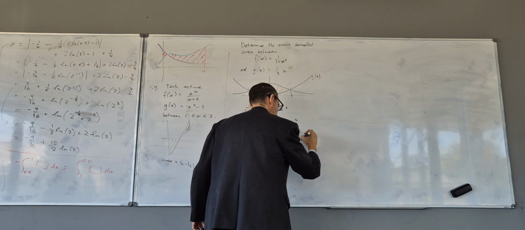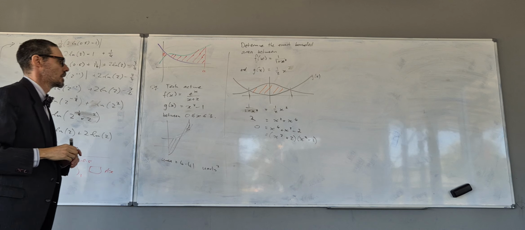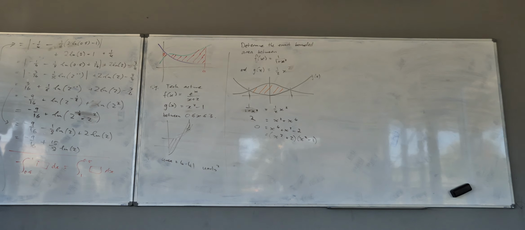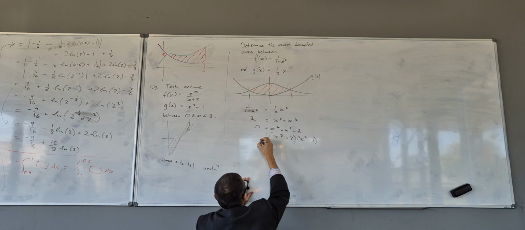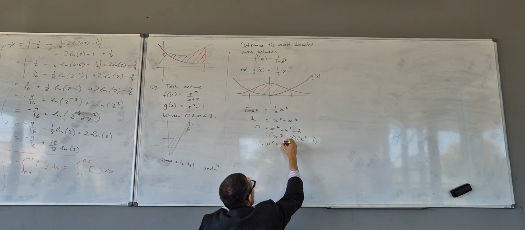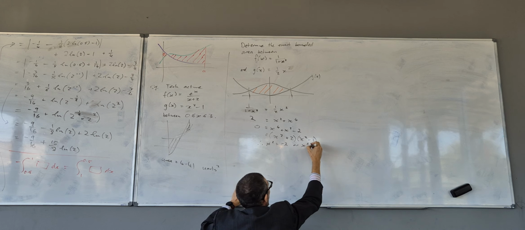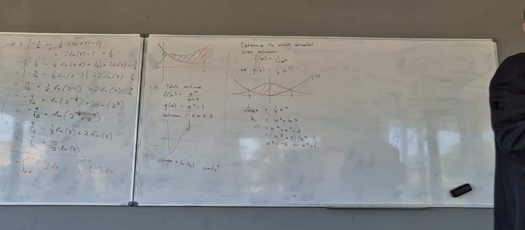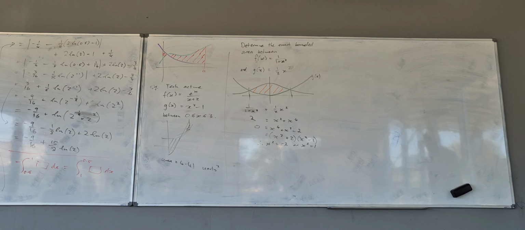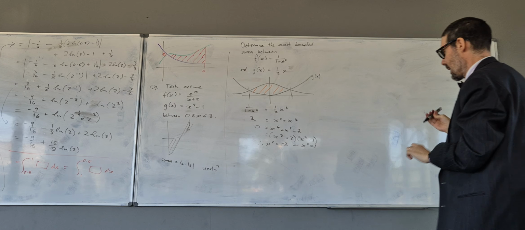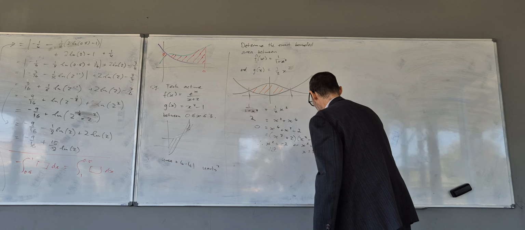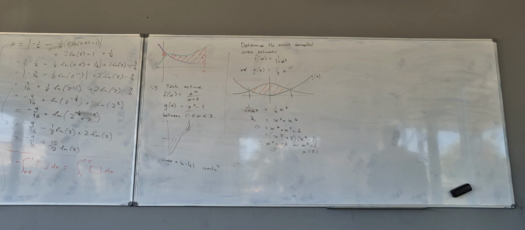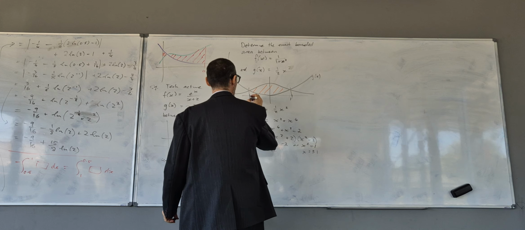Plus 2, one of those I can reject. x squared can't be negative, not possible. But I still have two solutions, one on each side. 1 and -1.